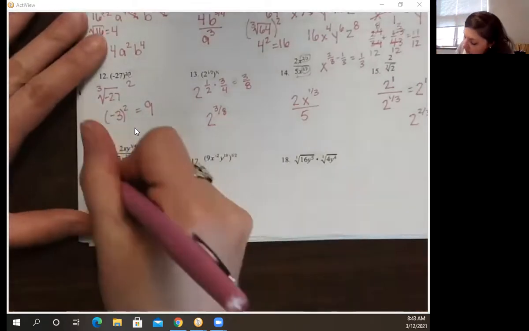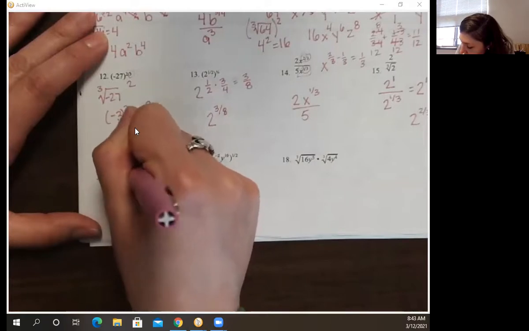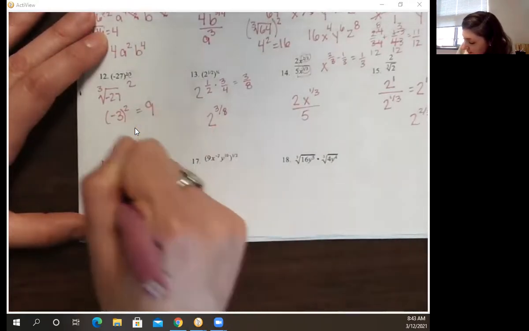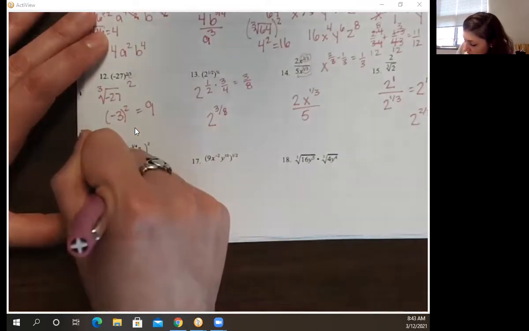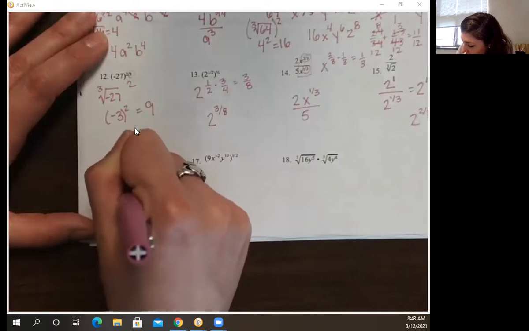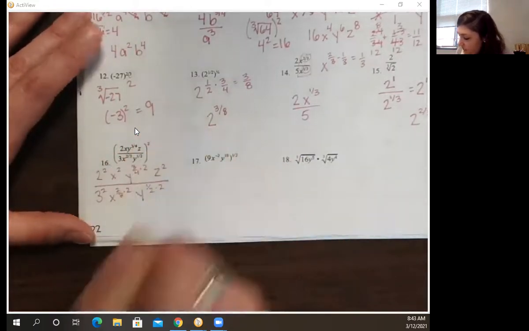So this would be 2 squared x squared y to the 3/4 times 2 z squared over 3 squared x to the 2/3 times 2 y to the 1/2 times 2.